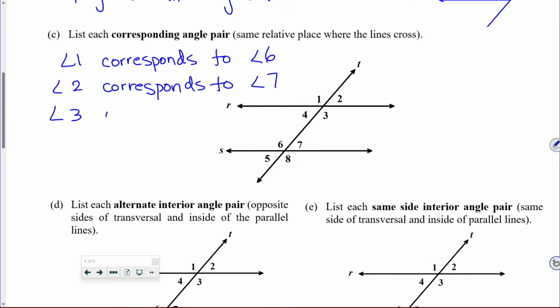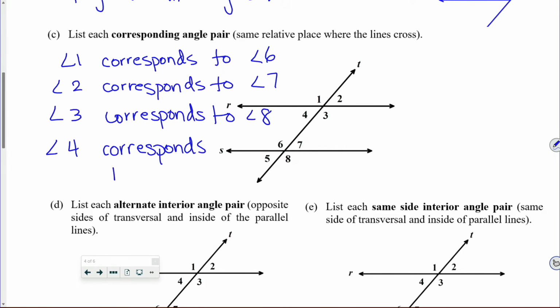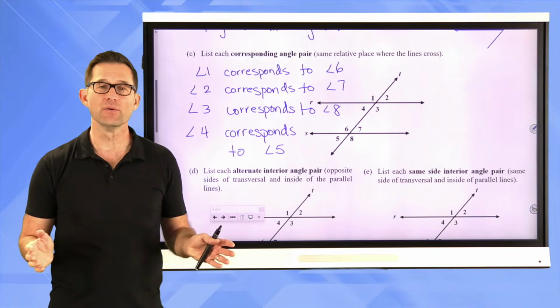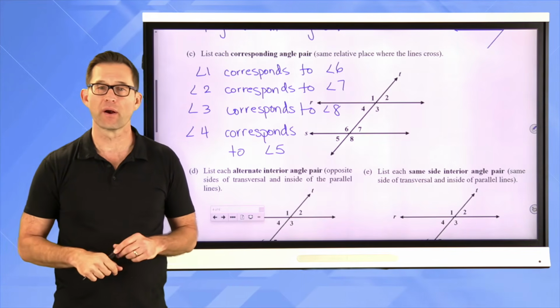So angle 3 corresponds to angle 8, and angle 4 corresponds to angle 5. All right. Corresponding angles are absolutely critical when it comes to parallel lines.